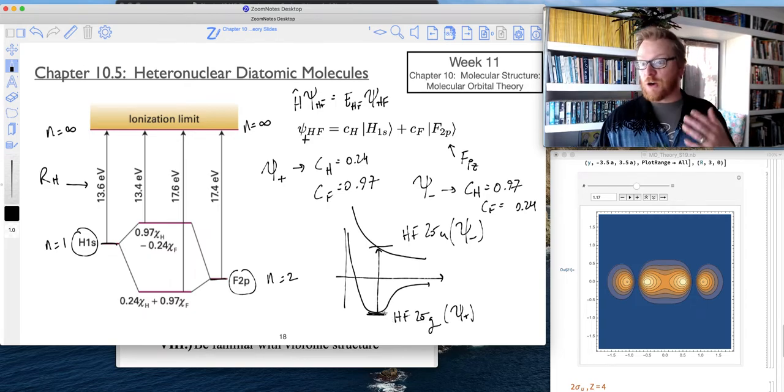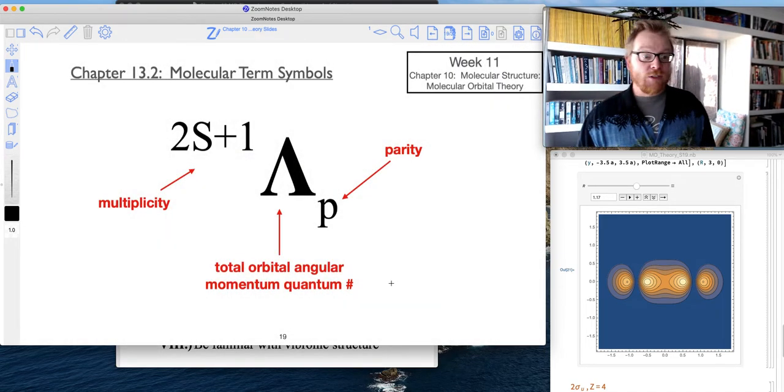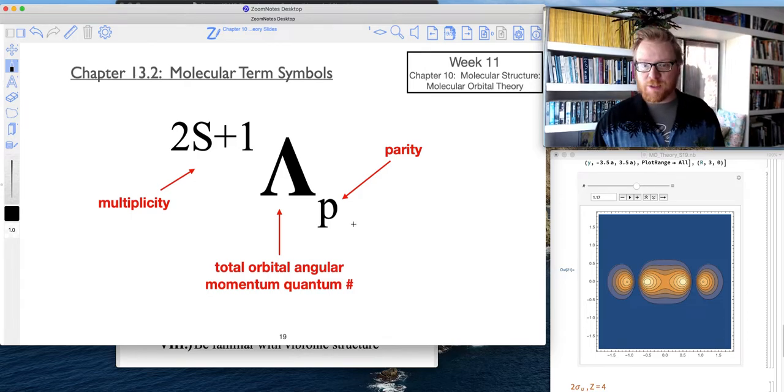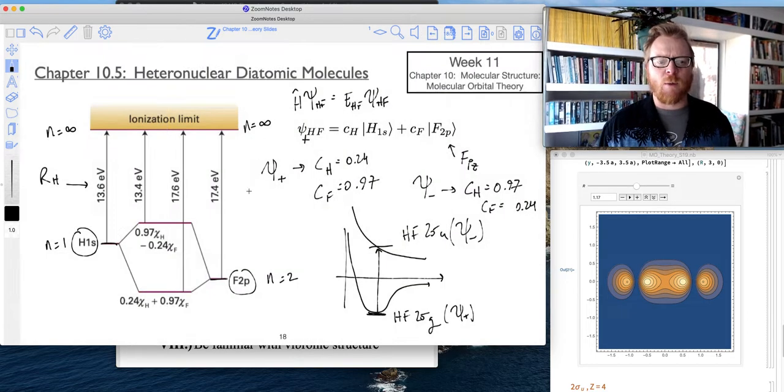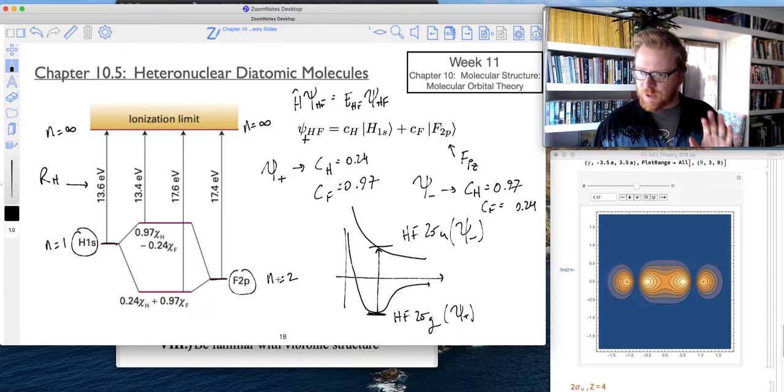That's how this all starts. Okay, moving on. I want to get into molecular term symbols. And just like I said, if that wasn't clear, more on this in the coming weeks, a little bit of an intro into computational chemistry on complicated molecules.